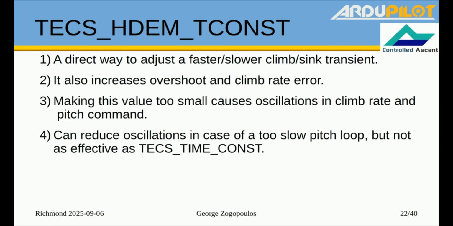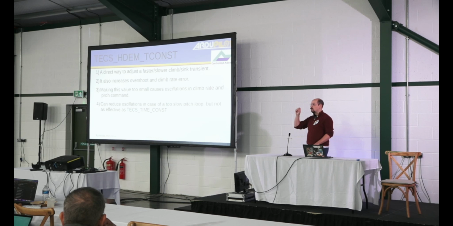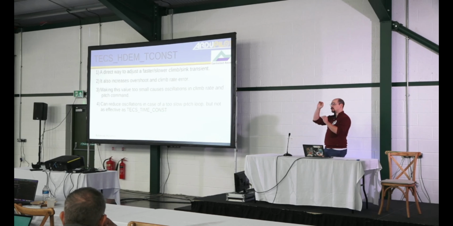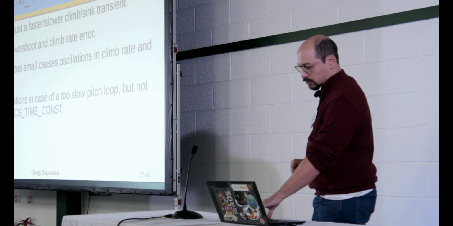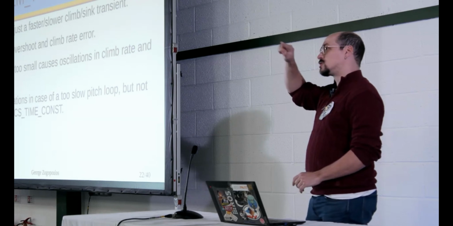So when you click on the map, in guided mode for example, and say go here at 200 meters altitude while you are at 100 meters, usually you get a ramp-like increase in altitude, but there are also cases, especially for small altitude increases or decreases, where TECS is commanded to immediately change its altitude target. And this parameter sets how fast or how slow this is going to change. Basically, how much that altitude step gets curbed.